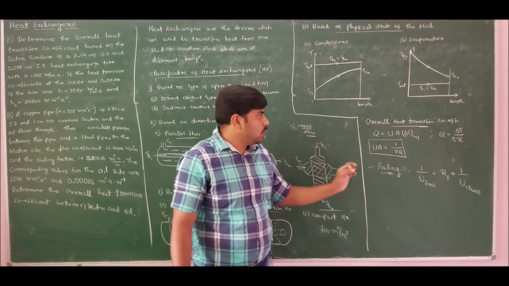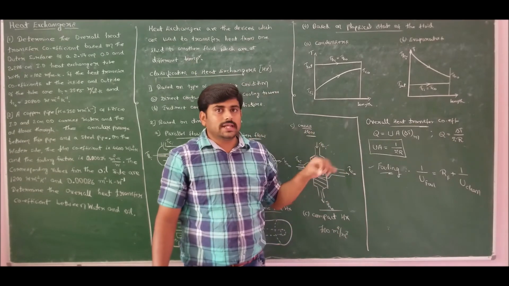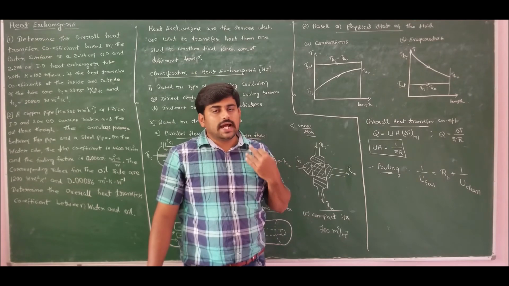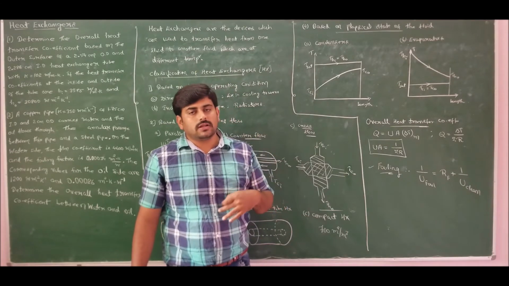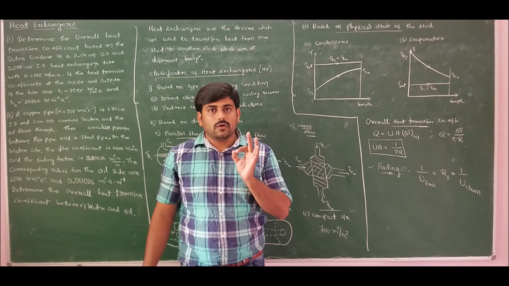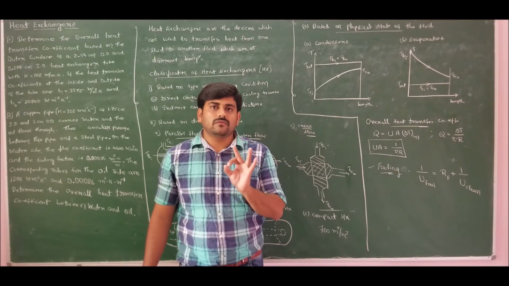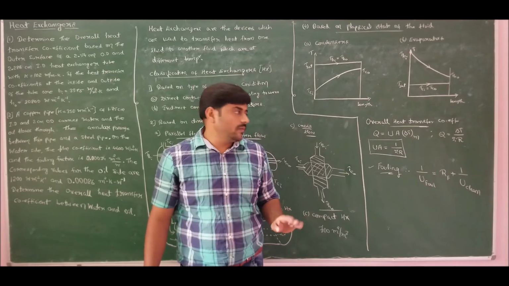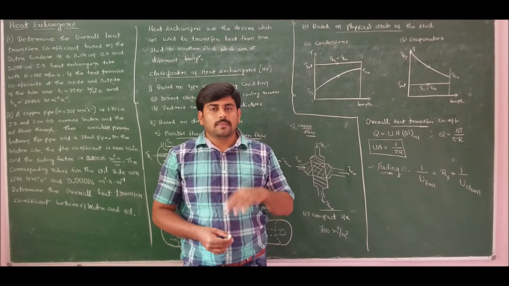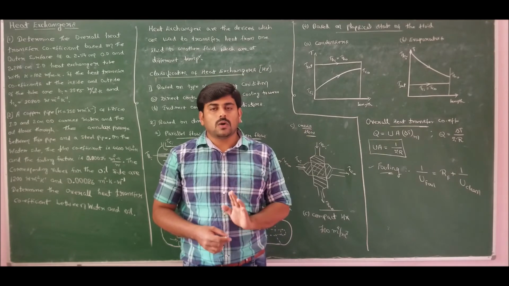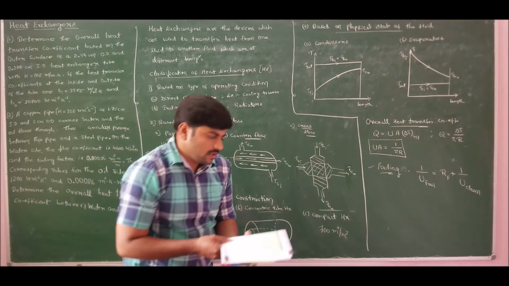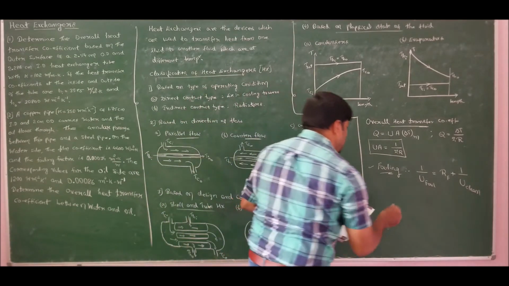Now how to calculate overall heat transfer coefficient for fouled heat exchanger? No need to worry about that. If you refer to the data handbook written by C.P. Kodandaram, which we are referring in 8th edition, page number 157, he has clearly given the equation for overall heat transfer coefficient for fouled heat exchangers based on inside surface area and based on outside surface area.